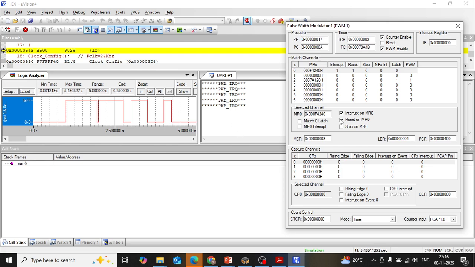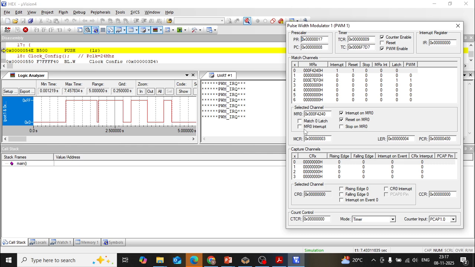Observe very carefully. So we have enabled interrupt, we have enabled reset as well, and observe this point very carefully. This is the interrupt flag. Yes, I hope you have observed here.